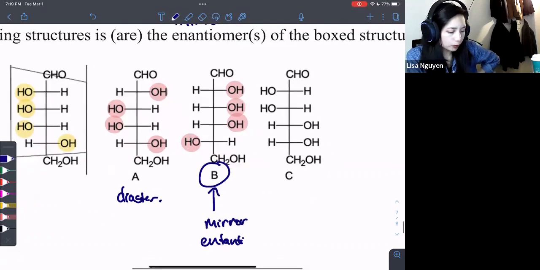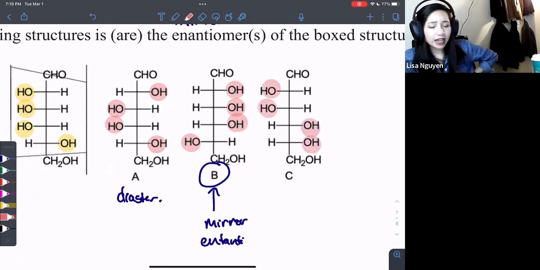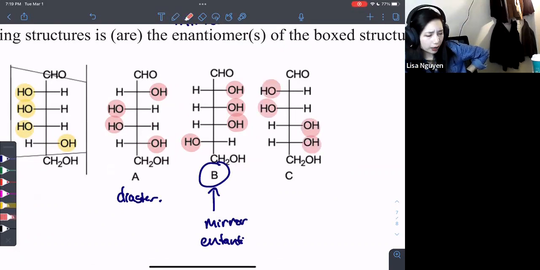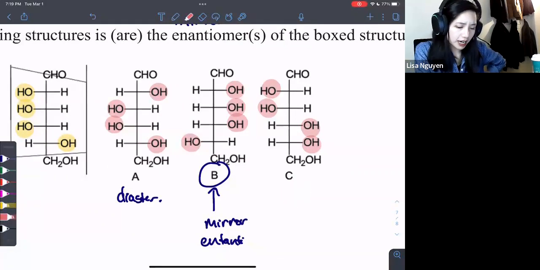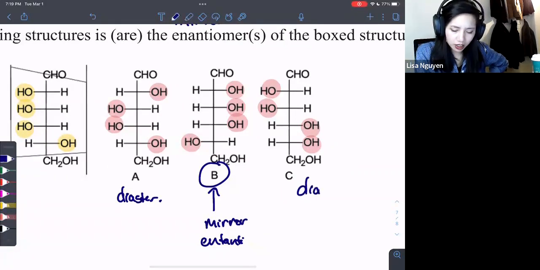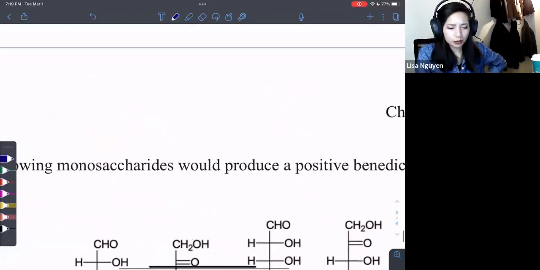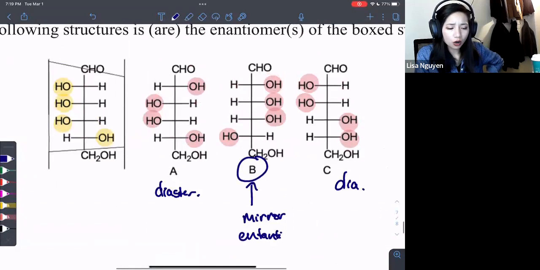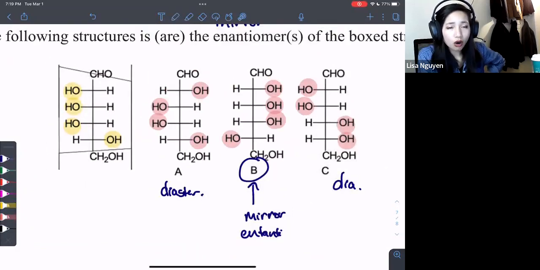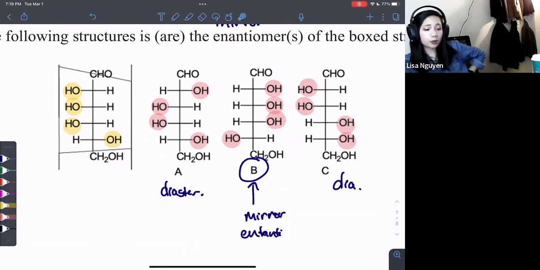And then just for completeness, let's look at C. C is like that. And again, we just flip how many groups? It looks like we're just flipping one of the carbon centers. So this would be a diastereomer. So A and D are diastereomers. B is the enantiomer. And so just to drive it home, these two sugars are isomers of one another, or specifically enantiomers.